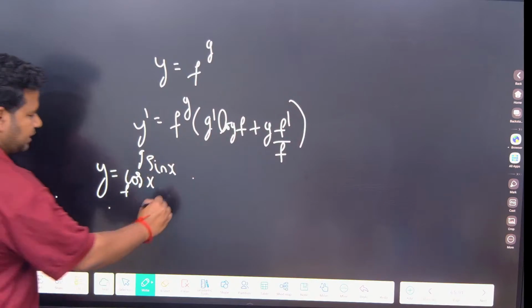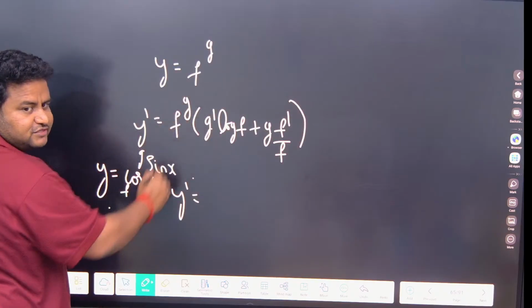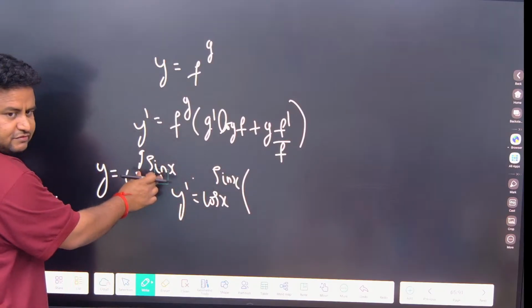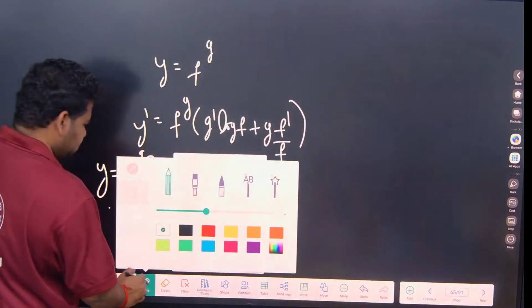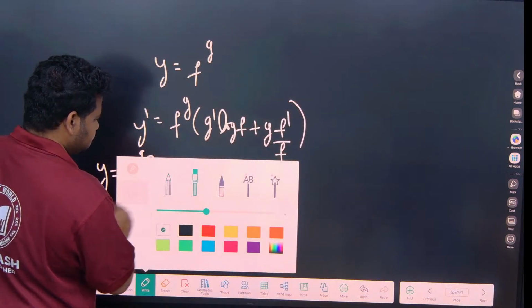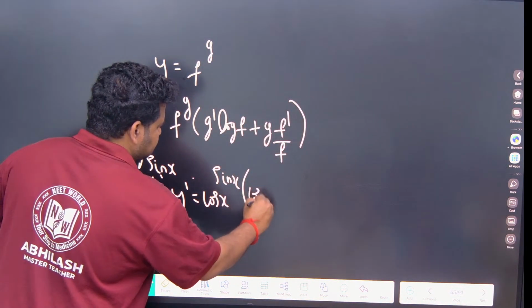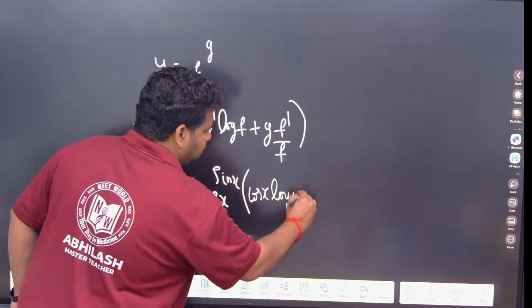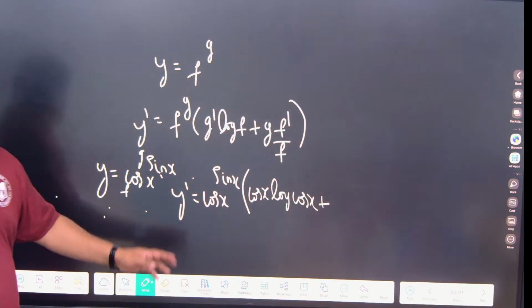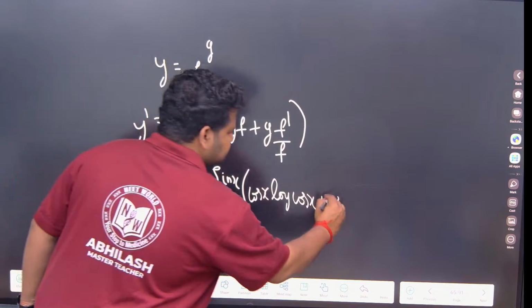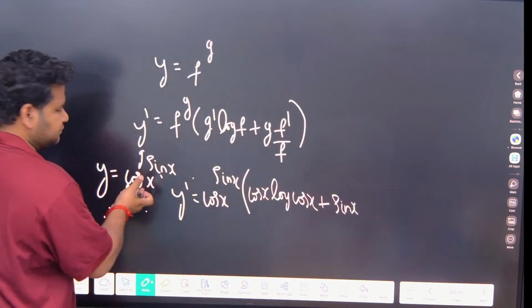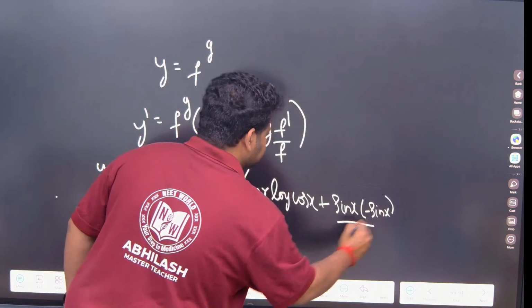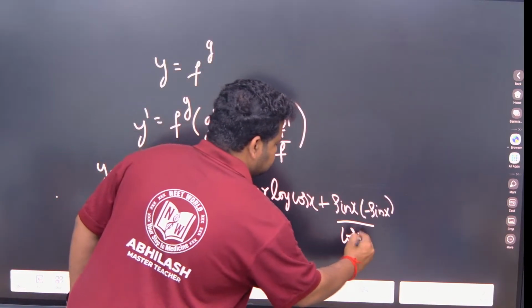Now y dash will be f to the power of g, that is cos x to the power of sin x, into g dash, derivative of sin is cos x, times log of f, f is cos x, so log cos x, plus g, which is sin x, into derivative of f, which is minus sin, by f, f is cos x.